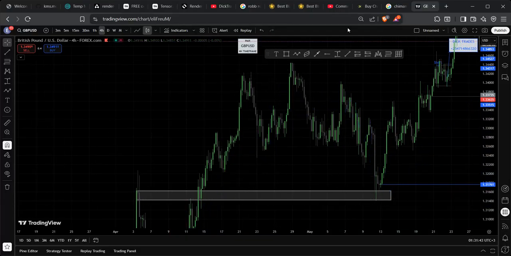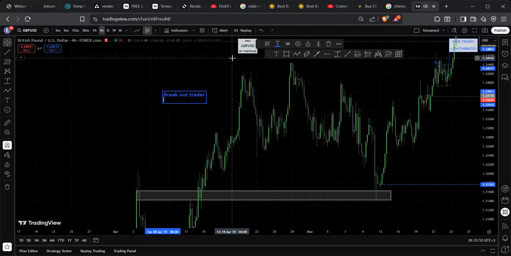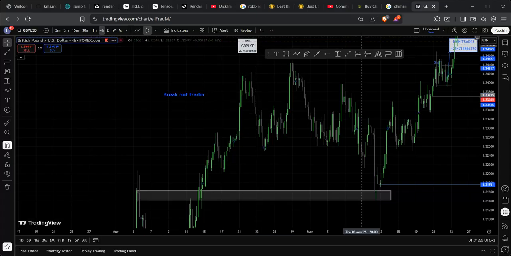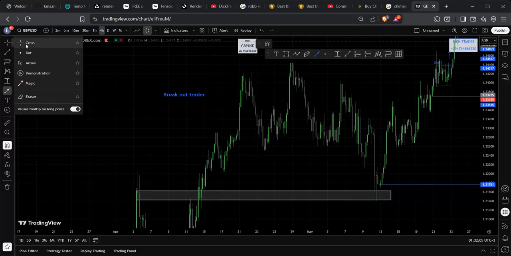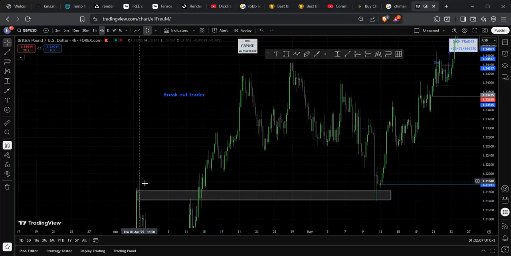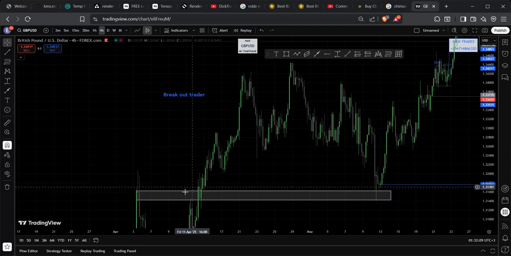Like I was telling you, the first trader is the breakout trader. So the breakout trader, why do we call him a breakout trader? Simply because of this level over here. Okay, actually let me take this level.